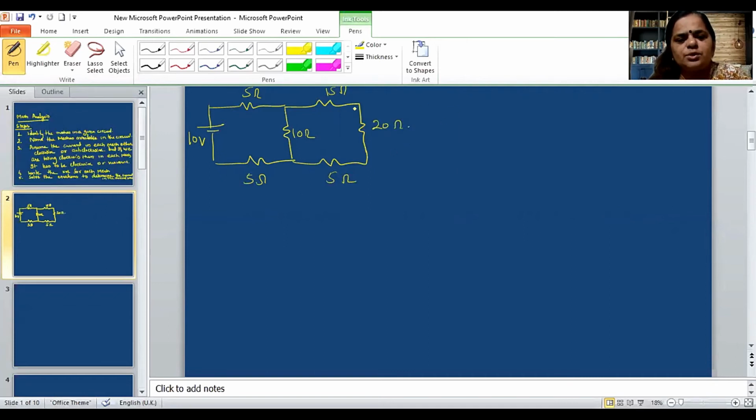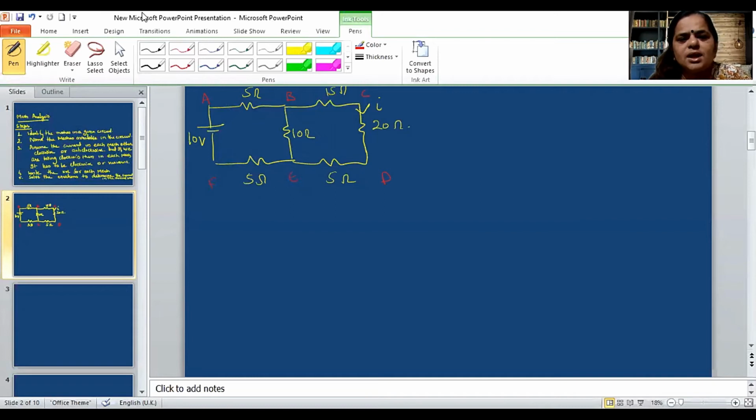My objective is to determine the value of current in this 20 ohm resistance using mesh analysis. So what is the first step? Identify the meshes. So let us give the names A, B, C, D, E, F.